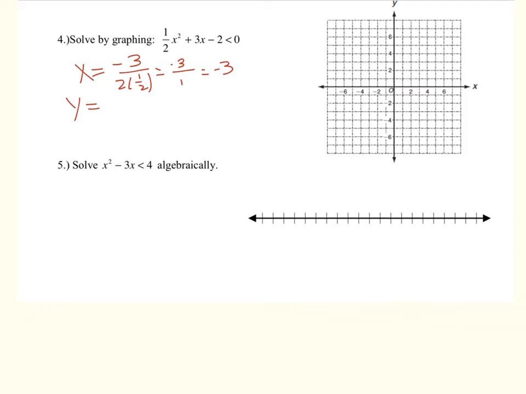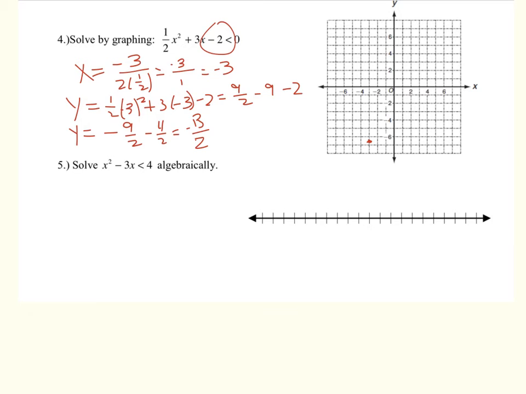So then y equals 1/2 minus 9 minus 2. Would be negative 13/2, negative 6.5. So we'll plot our vertex at negative 3, negative 6.5.